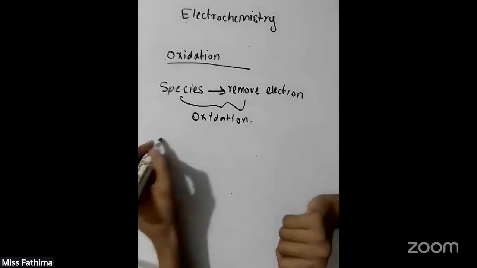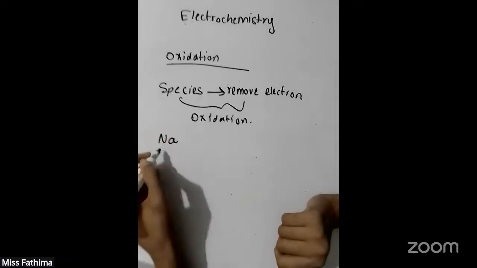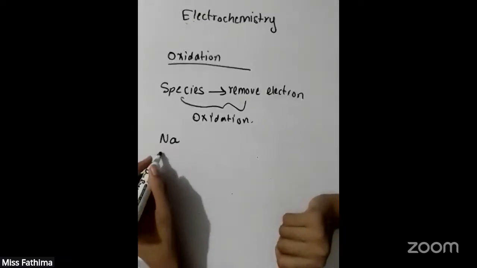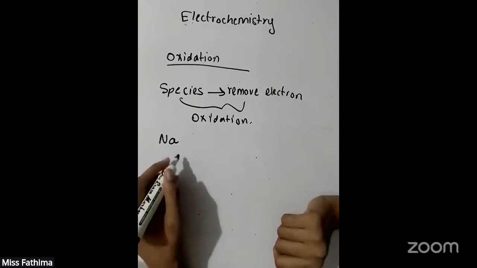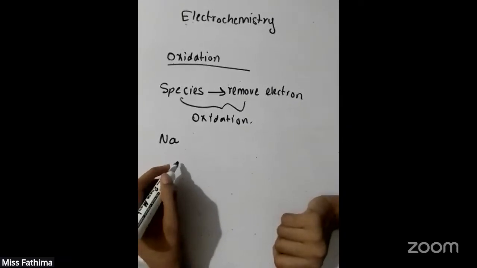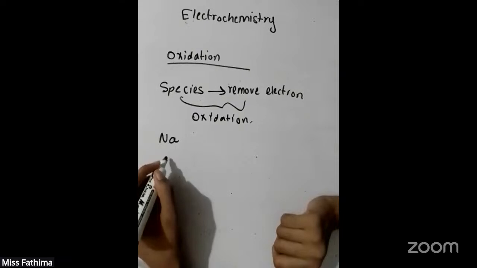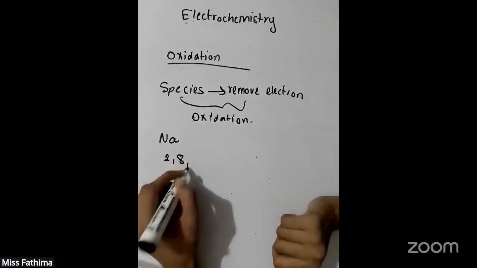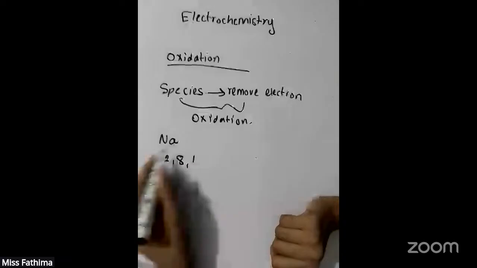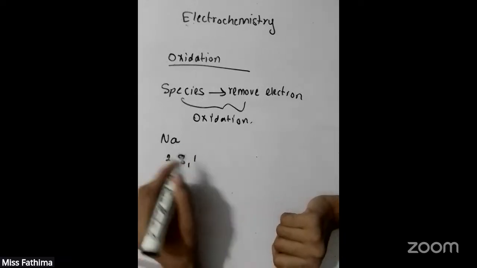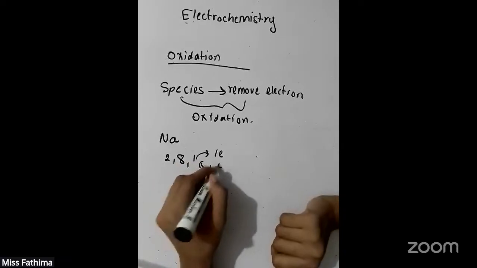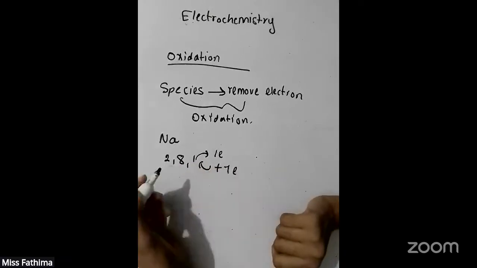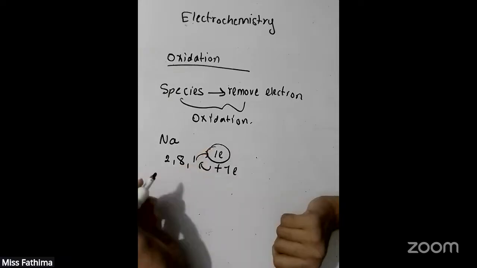Now when you take sodium, what is the electronic configuration of sodium? Grade 10 chemistry. Come on, children. You should be fluent in this. 2, 8, 1. Very good. In order to make their energy level stable, either they should remove this one electron or attract 7 more electrons. Which is easy? Removing one is easy.